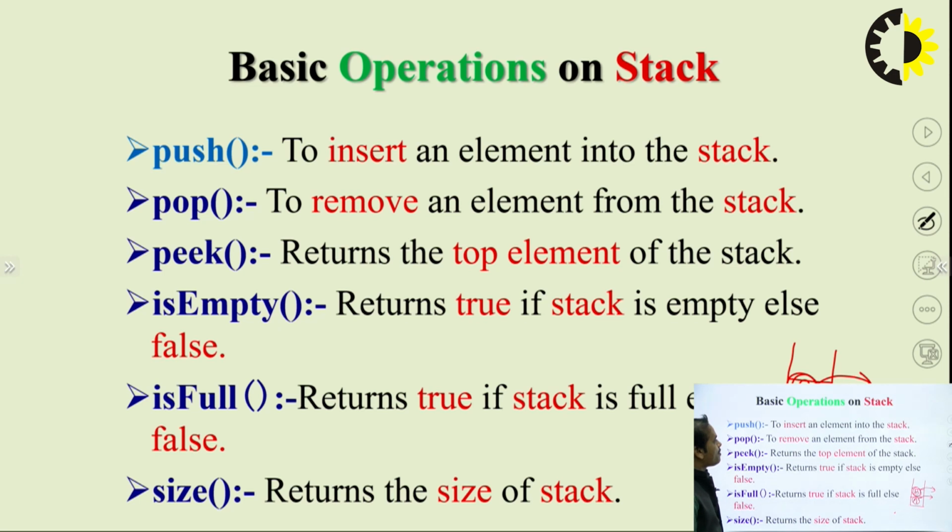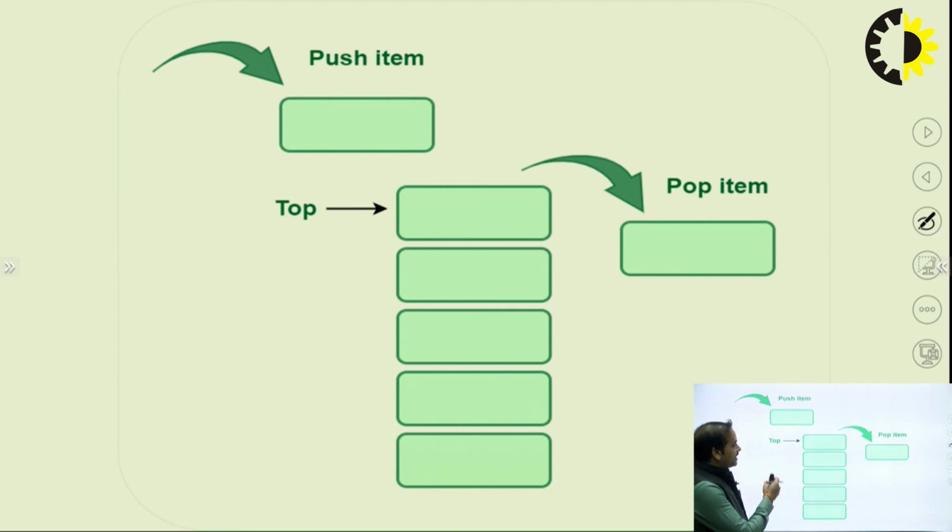These are the main operations of stack, in which we mostly use push and pop. Push inserts the element into the stack, and pop removes the element from the stack. These two main operations are used in the implementation of stack. This diagram shows how push and pop of an item are performed.